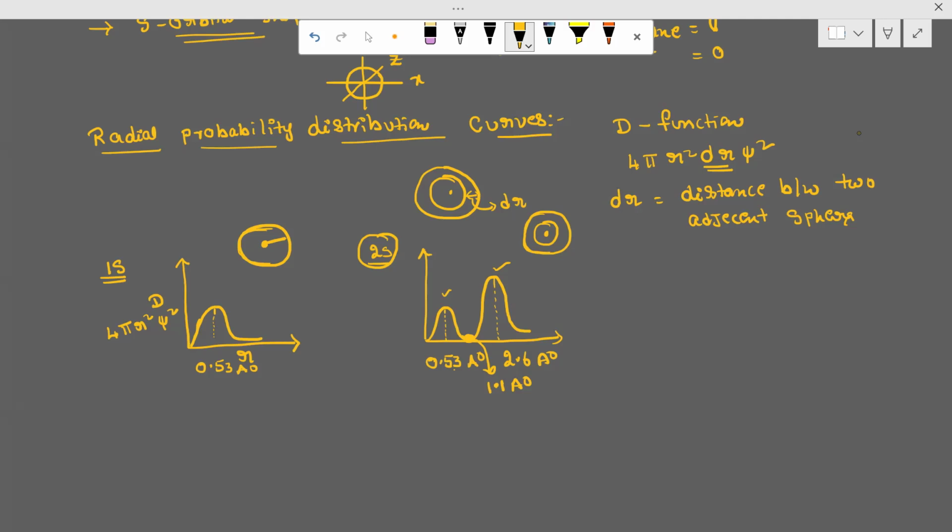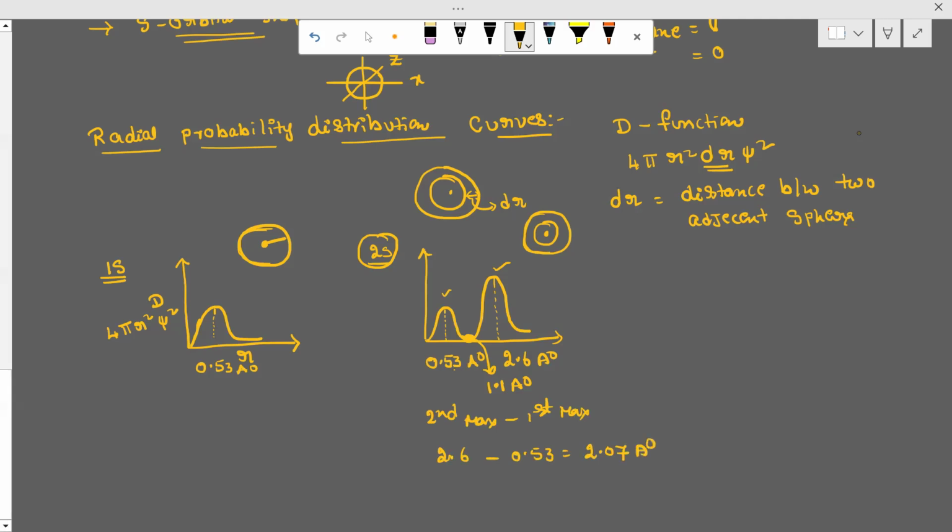The distance between the second maxima and first maxima is 2.6 minus 0.53, so the distance is 2.07 angstrom units.